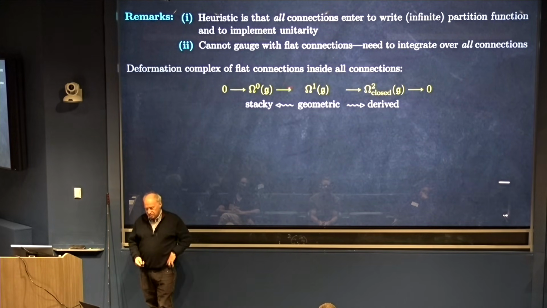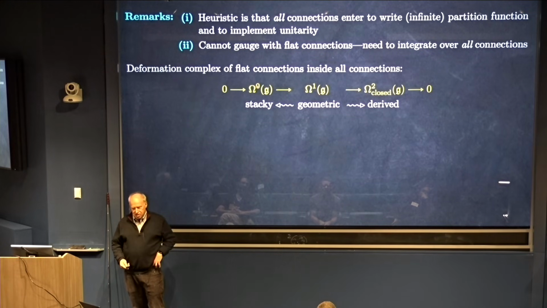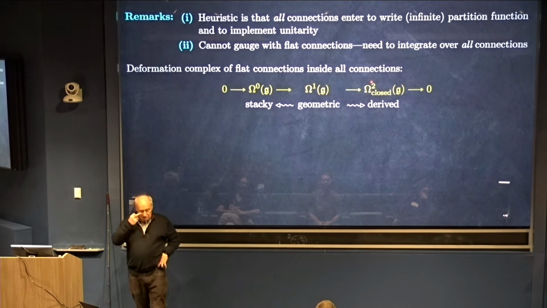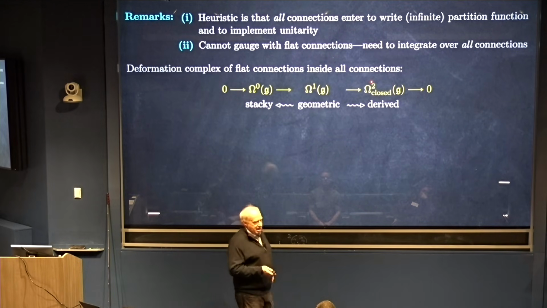This is the covariant derivative mapping here. So that's the stacky direction. These are the automorphisms. On the other hand, we have the derivative of the zero curvature equation that cuts out the flat connections. That's, again, the covariant derivative now mapping to closed two forms. And so this makes a complex if we're standing at a flat connection, and that's the deformation complex for this moduli stack of flat connections.